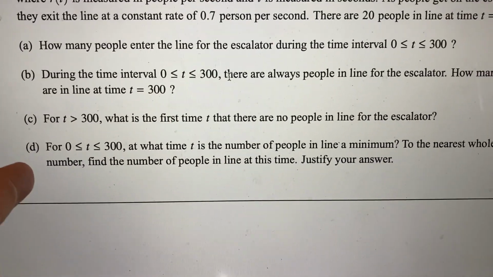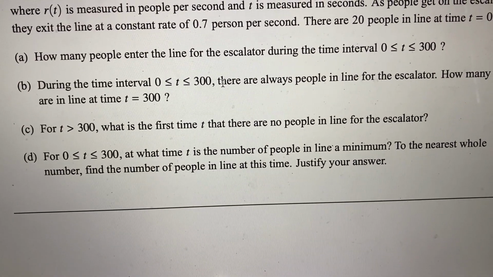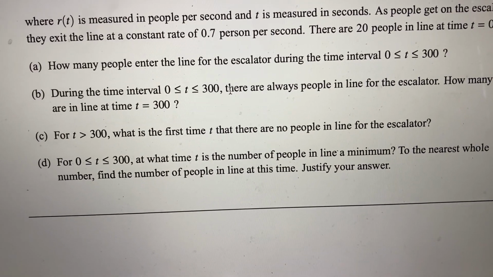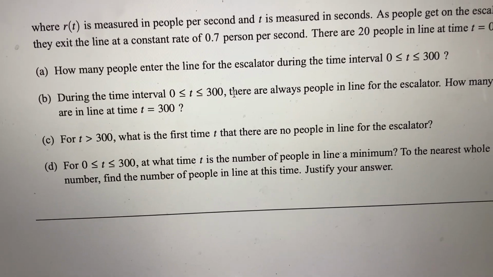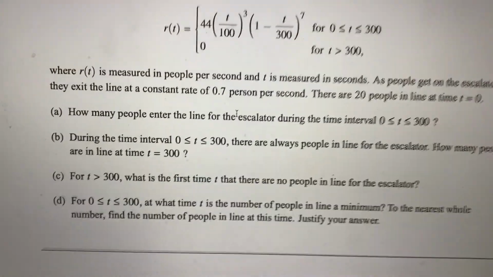And then lastly, for t between 0 and 300, at what time t is the number of people in line a minimum? To the nearest whole number, find the number of people in line at this time. Justify your answer.